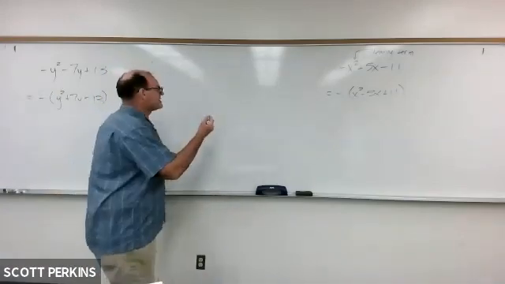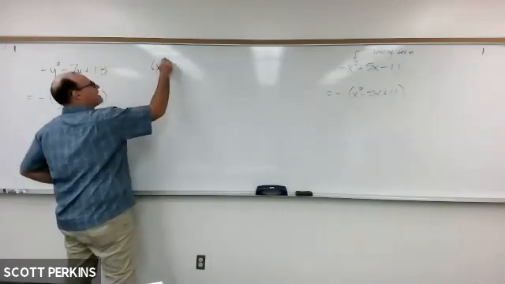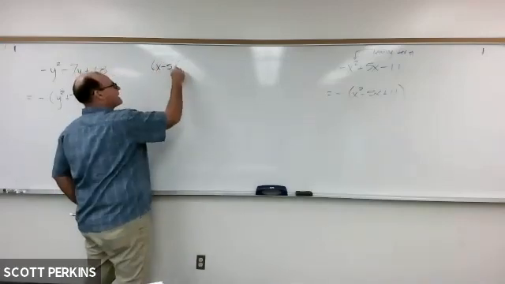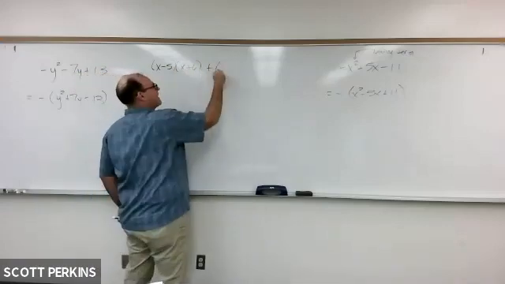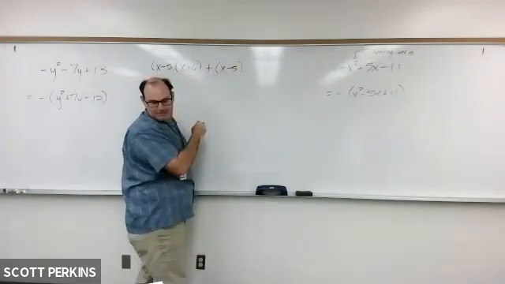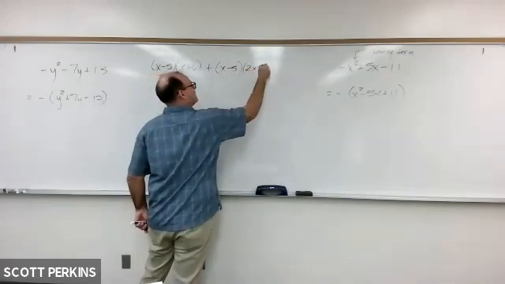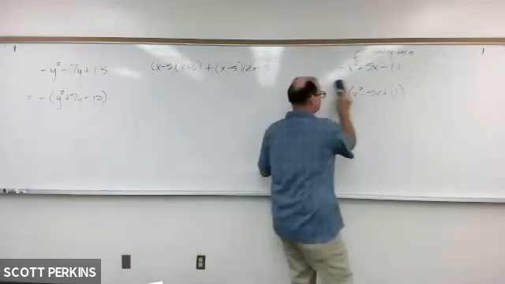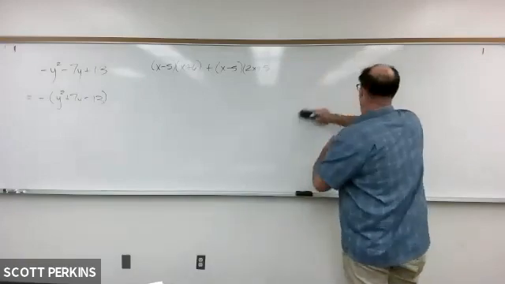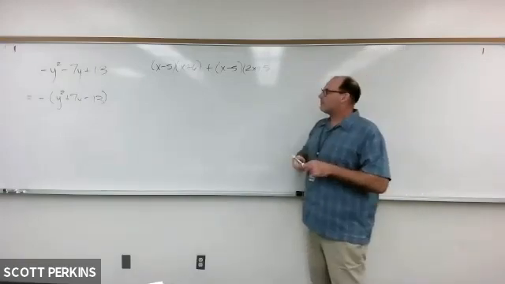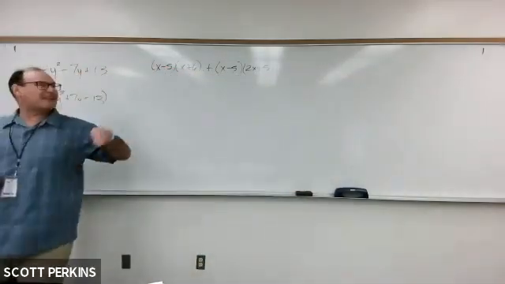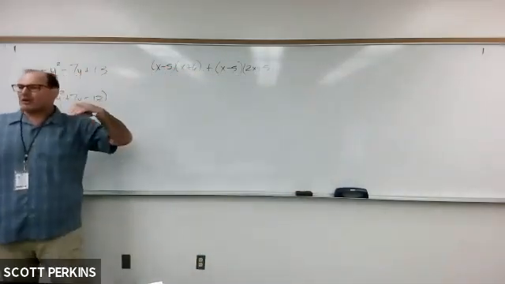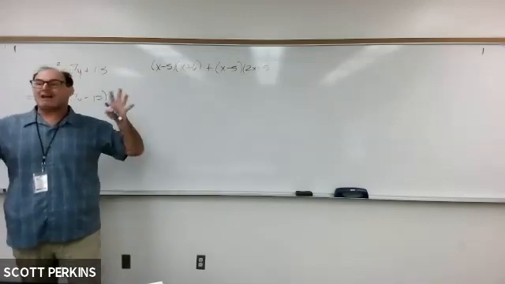So here it is: x minus 5 times x plus 6, plus x minus 5 times 2x plus 5. Something like this is going to be our last step in a bigger process.